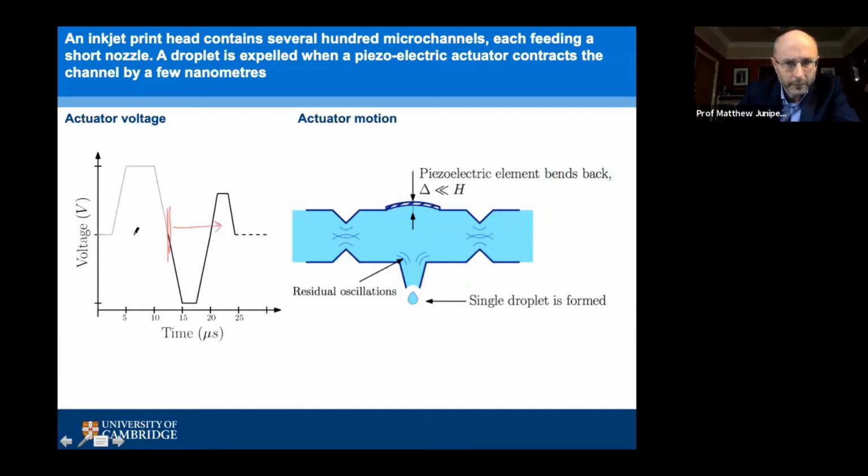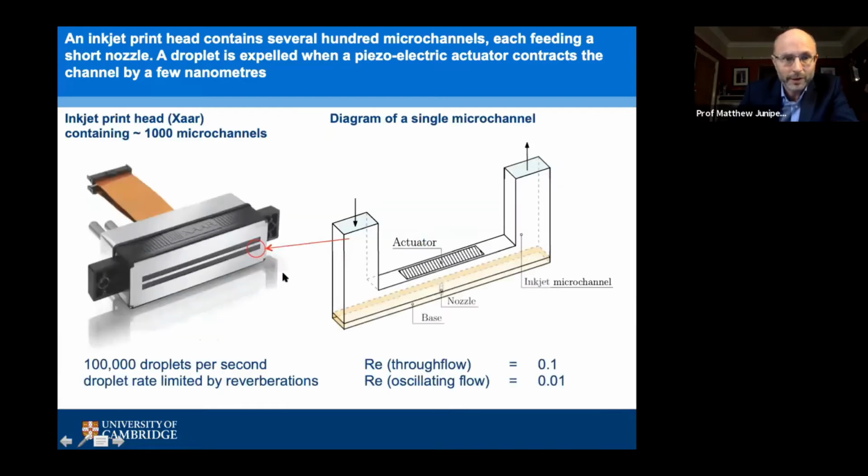This is after we've pushed the ink out, we're going to look at this residual phase, because what we want to do is kill off the residual oscillations as much as possible so that the ink is ready to be pushed out again. If I just pop back 2 slides, down here you can see a typical rate of droplets is 100,000 droplets per second, so 10 microseconds between droplets.